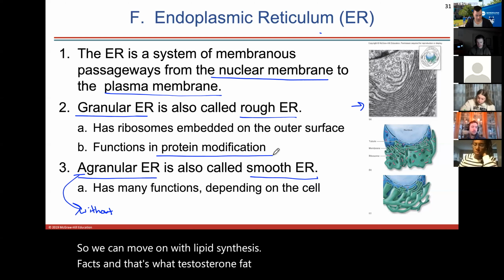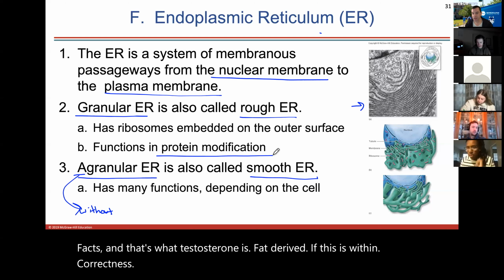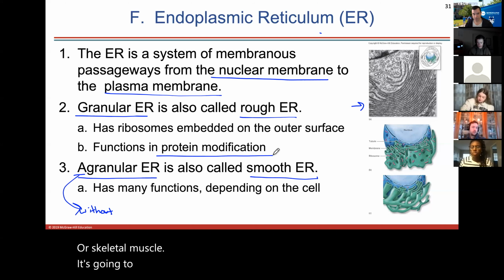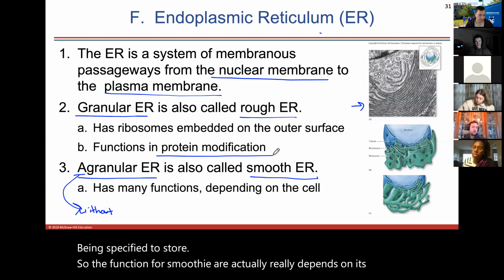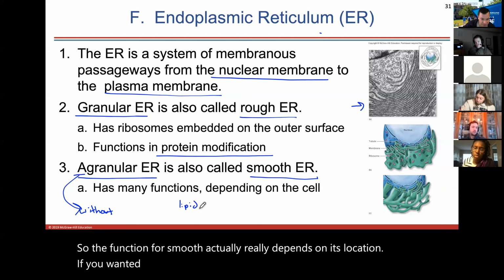If this is within cardiac muscle or skeletal muscle, it's going to be specified to store calcium. So the function for smooth ER really depends on its location. If you wanted to write a function there because you feel obligated to, perfectly fine.